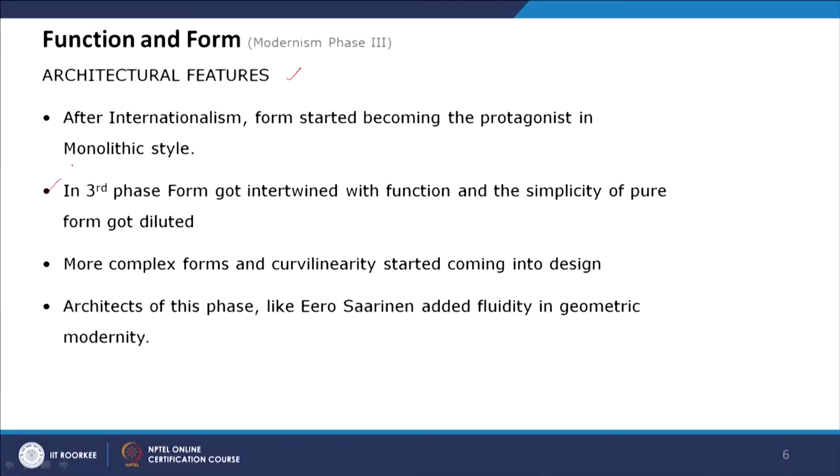Here architects like Frei Otto and Eero Saarinen added fluidity and dynamism in this architectural style after the internationalist movement. So in the third phase, form got intertwined with the function, and the simplicity of the pure form got diluted. Here it is not just function, even the structure was important, and everything around the form was taken care of, and the form evolved from that.